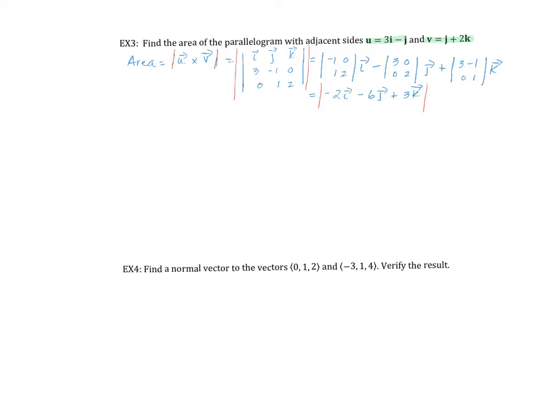And the magnitude of this vector is going to be the square root of 4 plus 36 plus 9, which would be the square root of 49, or 7. So the area of my parallelogram is 7 units squared, whatever the units may be.